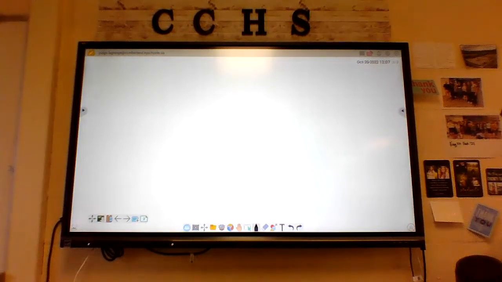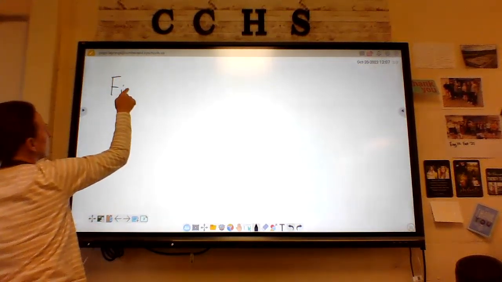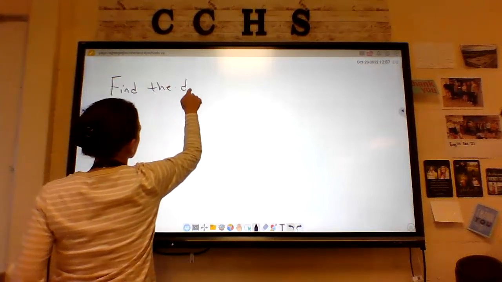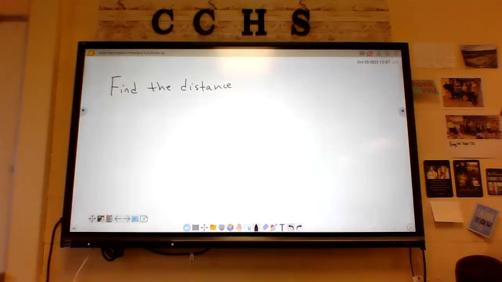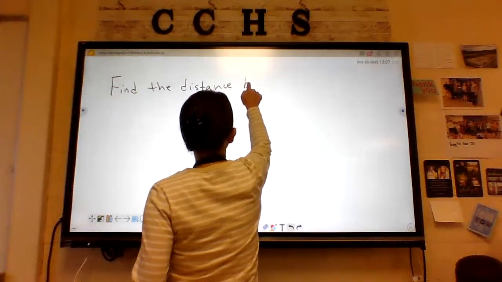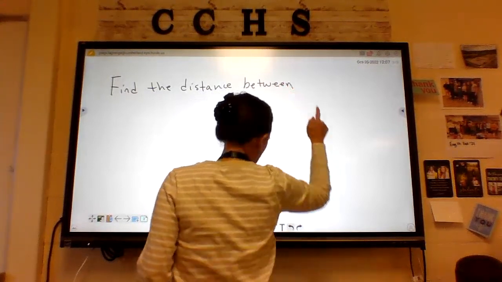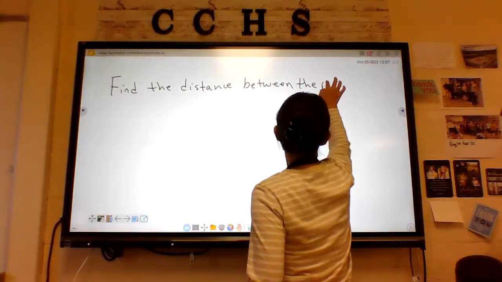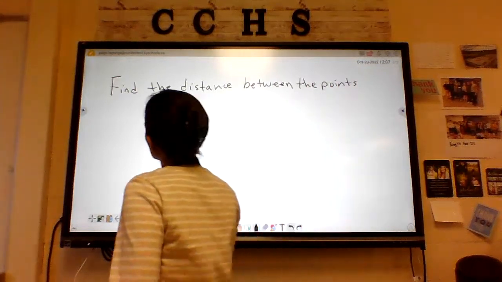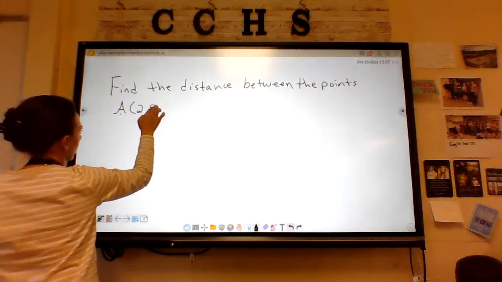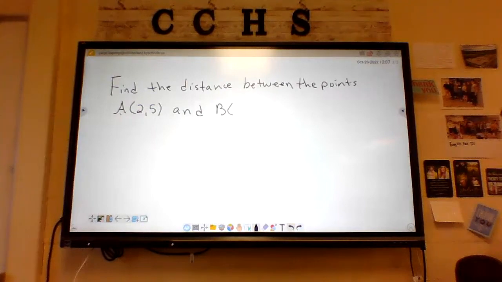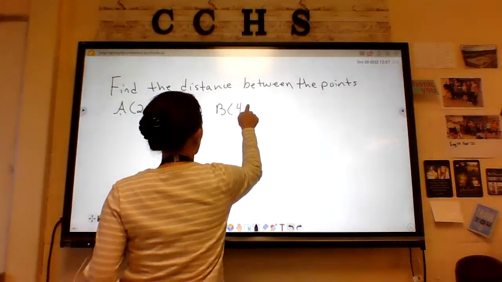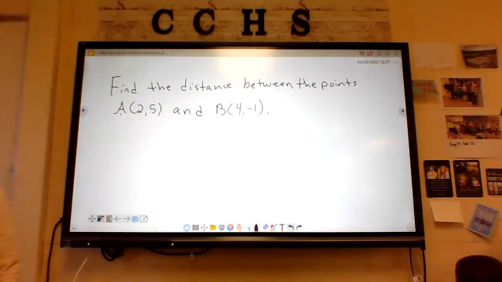Sometimes you'll have a question that will say, find the distance between the points A at (2, 5) and B at (4, -1). All right, so that's what the questions will look like. This is an example.